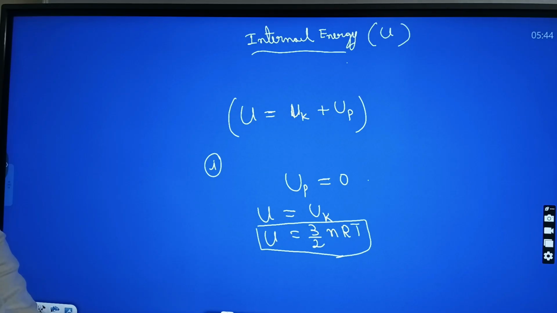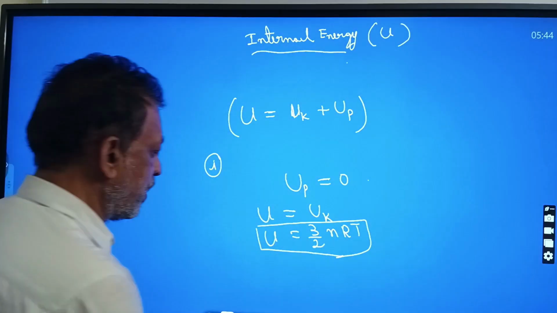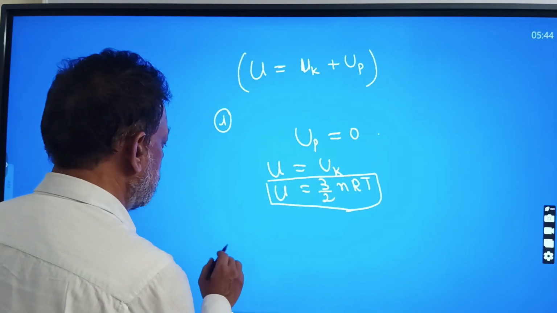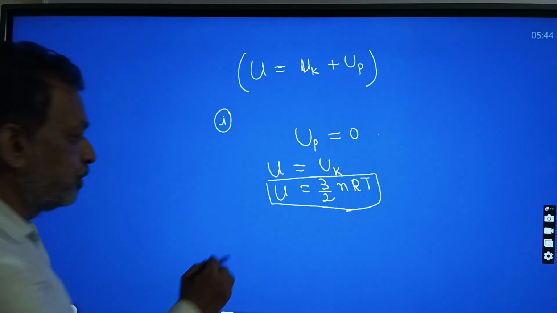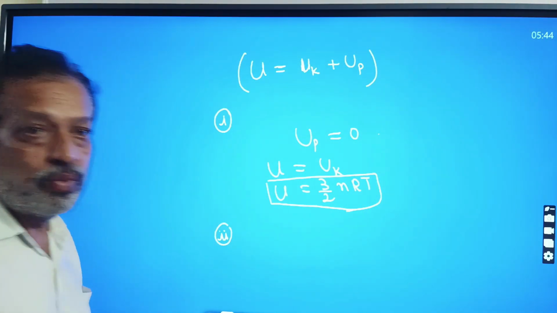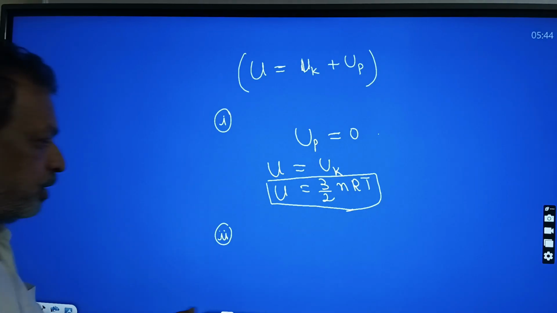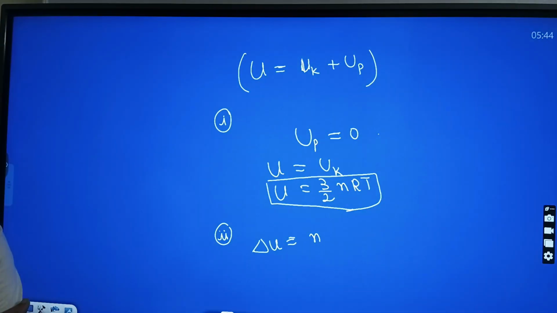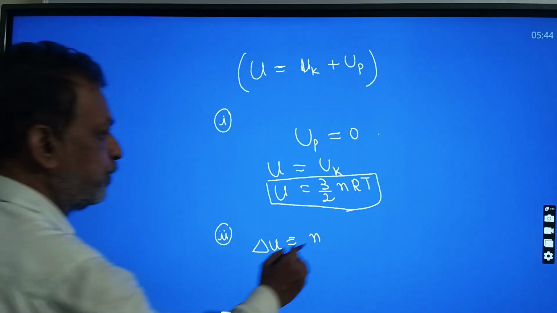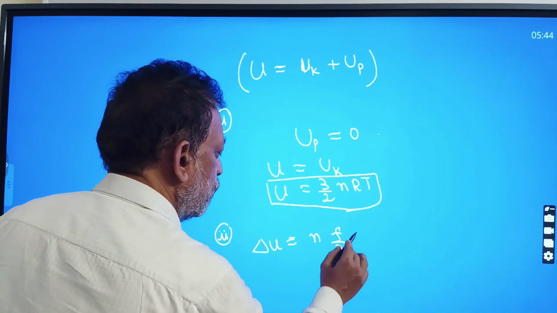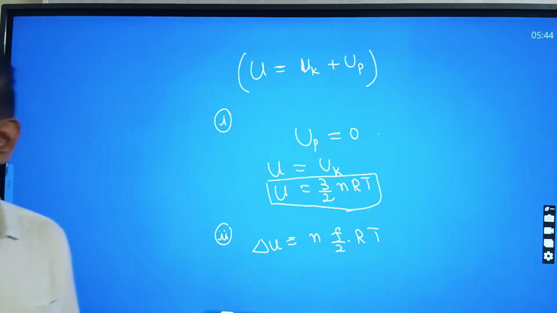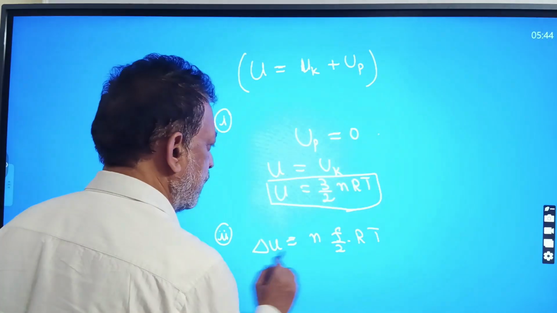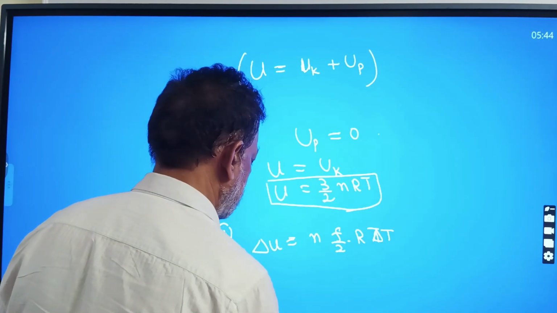Next point. In case of gases, whatever be the process, delta U is equal to n into F/2 into RT, where delta T is the change in temperature.